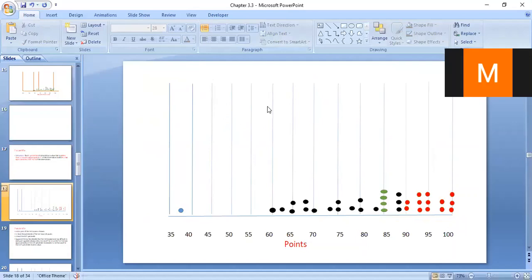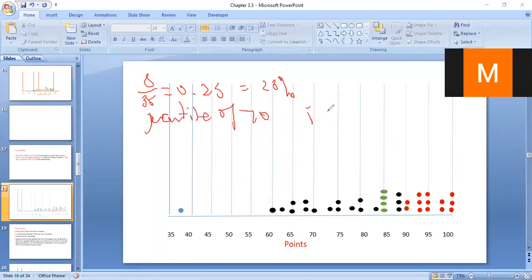You divide 8 by 35, you get 0.23. 0.23 is 23%. That is the percentile of 70.